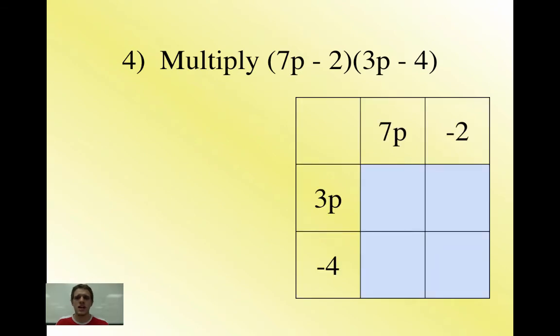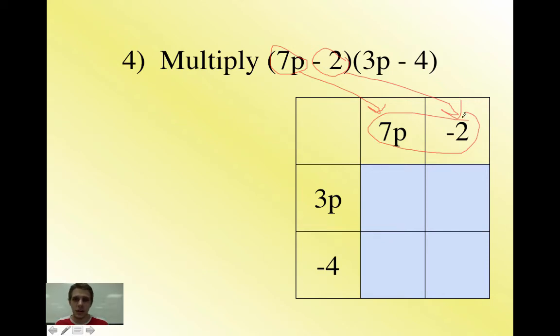Right here, I want to try this box method again. So if you notice, we're taking this first term, 7p, we're bringing it down right over here. We're taking this second term, negative 2, right over here. So if we were to combine these, it would be 7p minus 2.